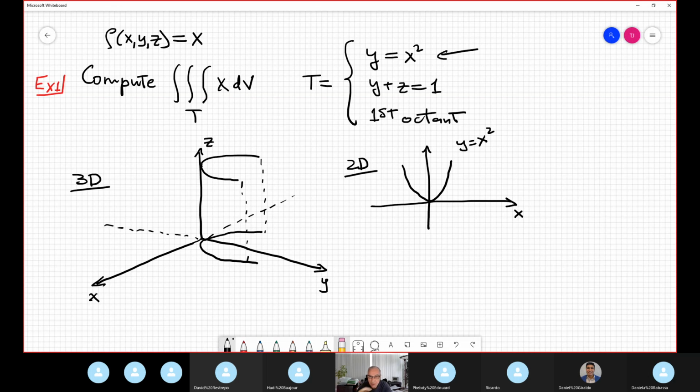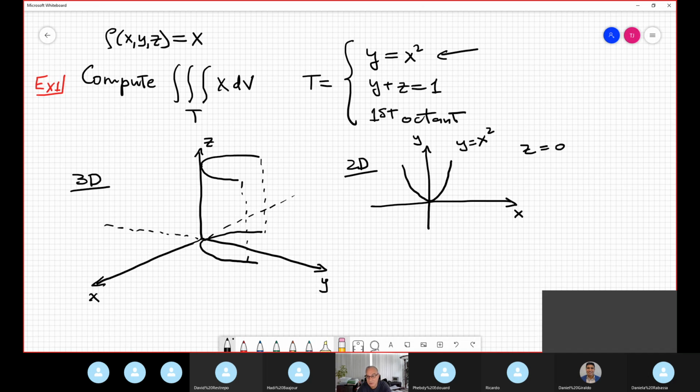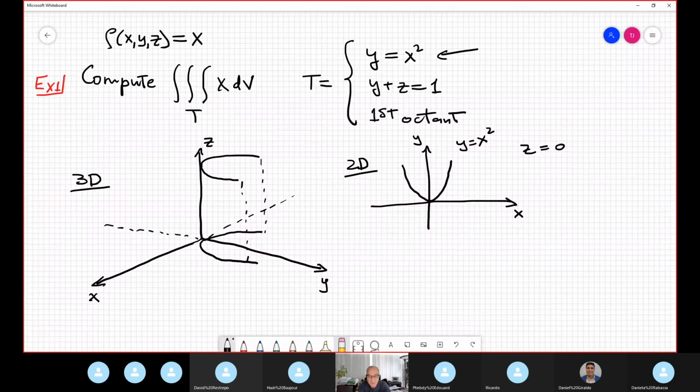In 2D, in this case, for example, this is y, sorry, c equals 0. Suppose c equals 0, then this equation doesn't depend on c. Okay. This is a parabolic cylinder. So remember, when one variable is missing, in this case c is missing, this is a cylinder, and this cylinder runs along the c axis, which is the variable that is missing.